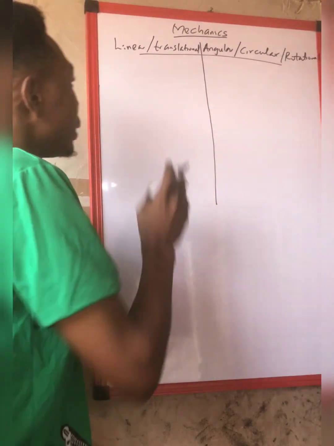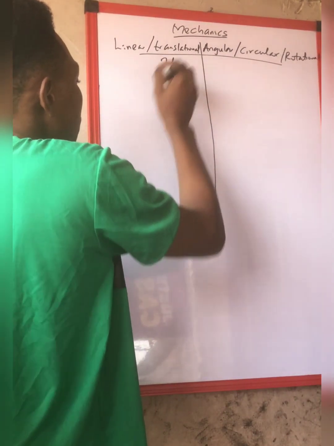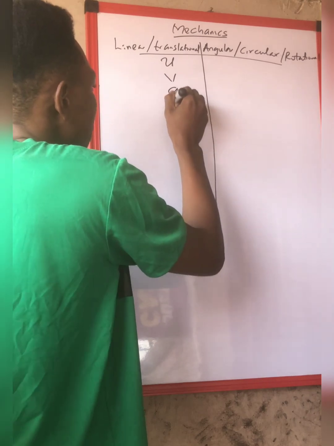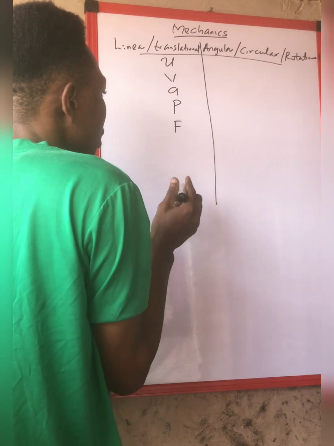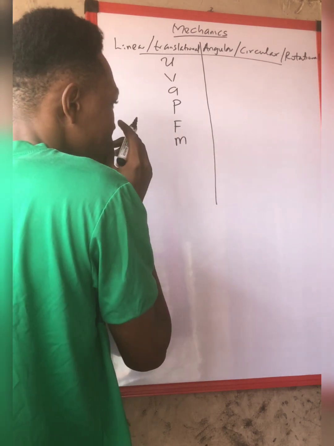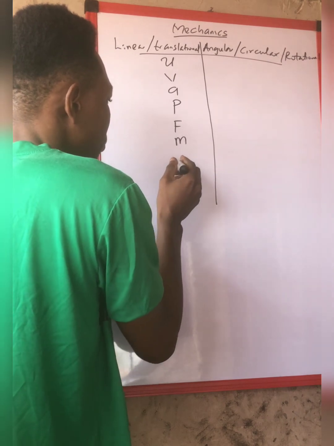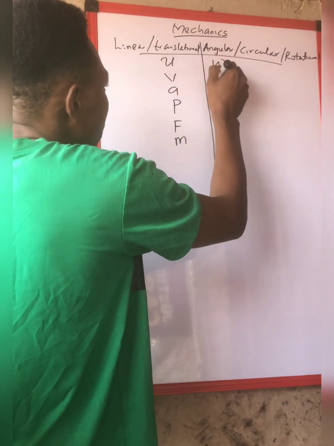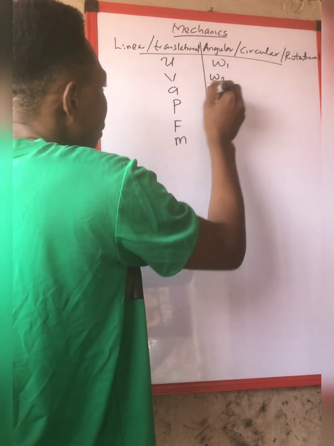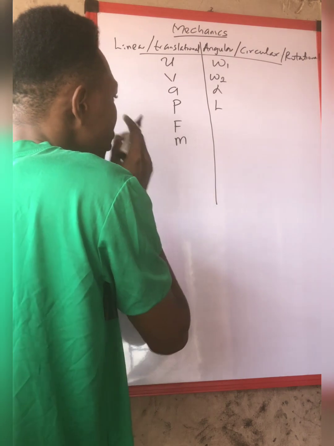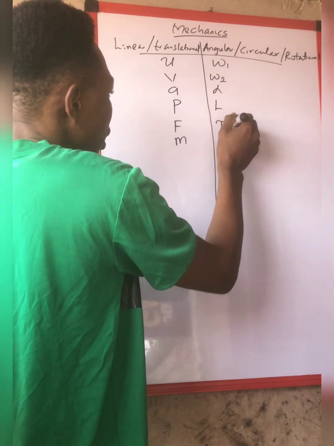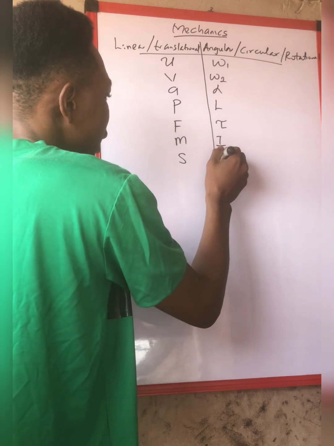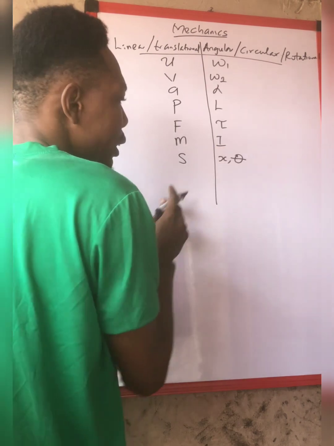Now, all the parameters we need for this, we have our U, we have our V, then we have our A, then we have our P, we have F, then we have our M. Then we also have our U sitting as W1, V sitting as W2, then A sitting as alpha, P sitting as L, F sitting as torque, M sitting as inertia, then X sitting as S or theta.